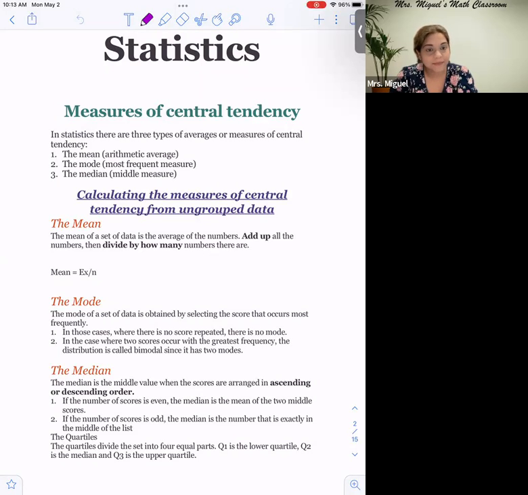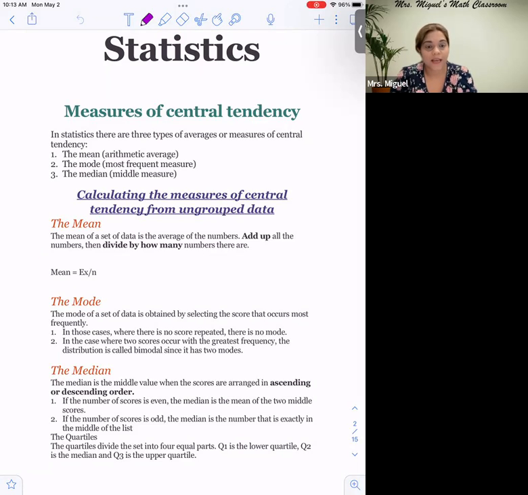The mean, which is called the arithmetic average, the mode, which is the most frequent measure, and the median, which is the middle measure.